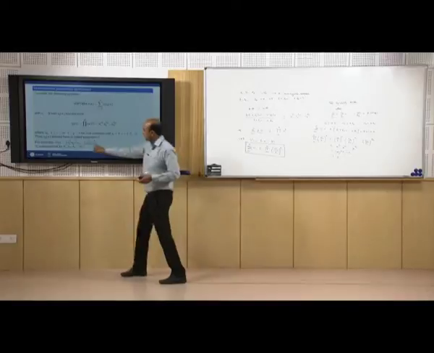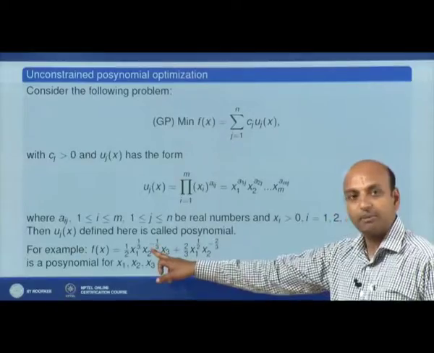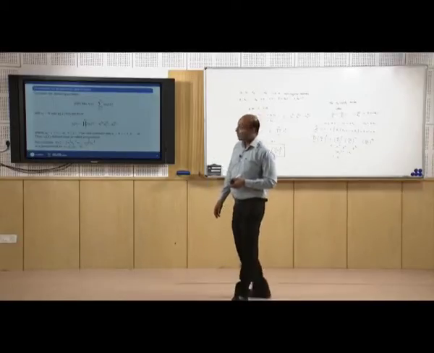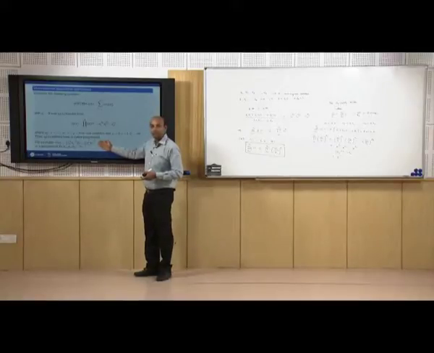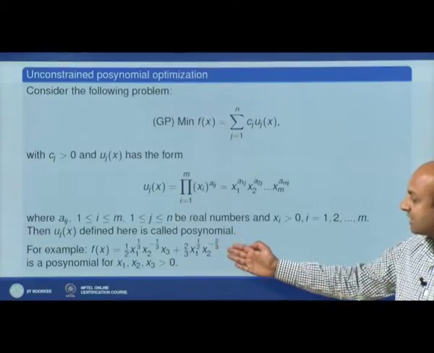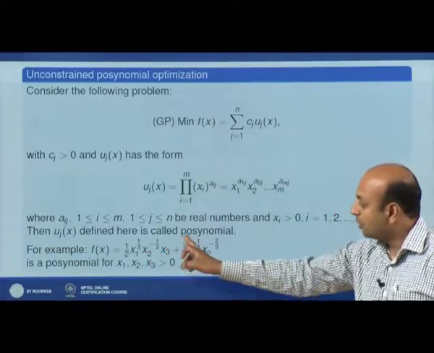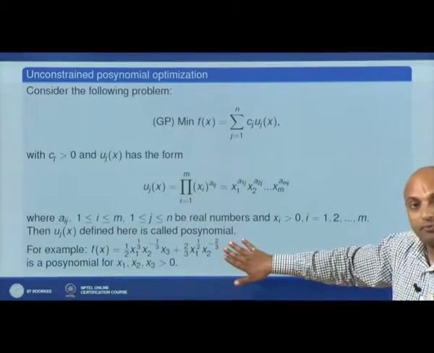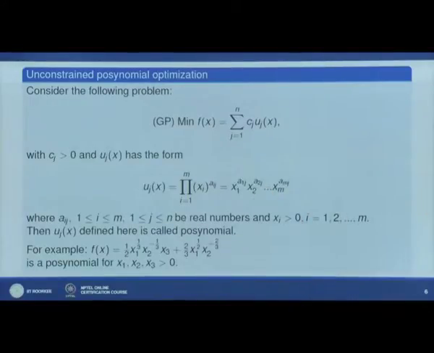It is a posynomial, plus x3. It is again a posynomial, and sum of two posynomials is again a posynomial. So, it is a posynomial for x1, x2, x3 strictly greater than 0. Okay. Such type of problems are nonlinear problems of course, because nonlinearity is there in the variables x1, x2 and x3. So, to solve such type of nonlinear problems, we use the concept of geometric programming problems.